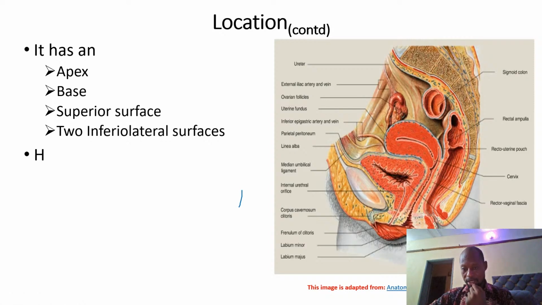If you can see this, this is a space. This space exists between the bladder behind and the pubic bone, or the symphysis pubis. You can see it clearly. Let's trace the space.